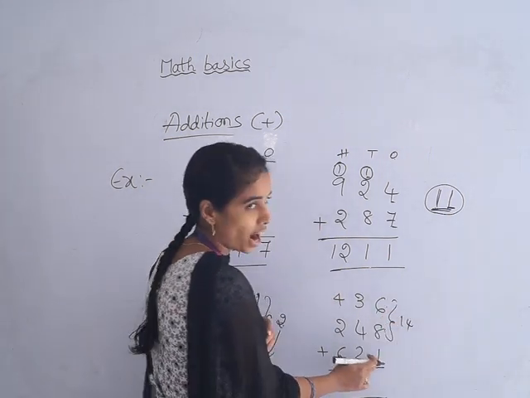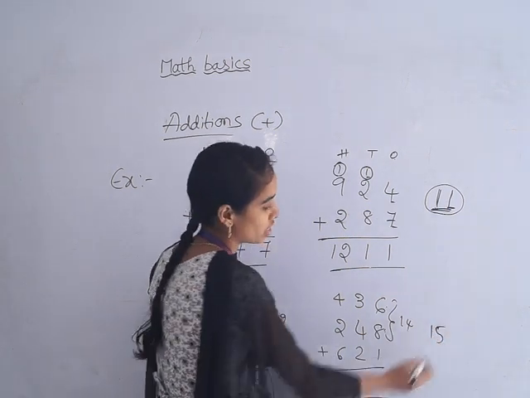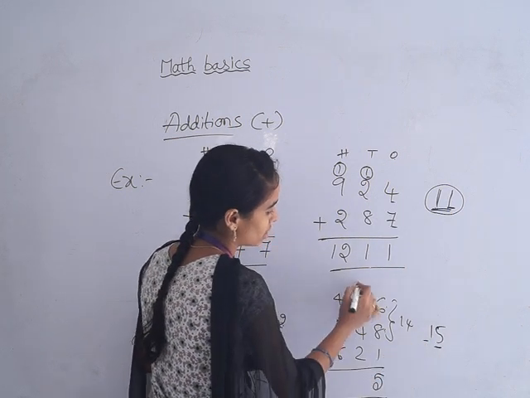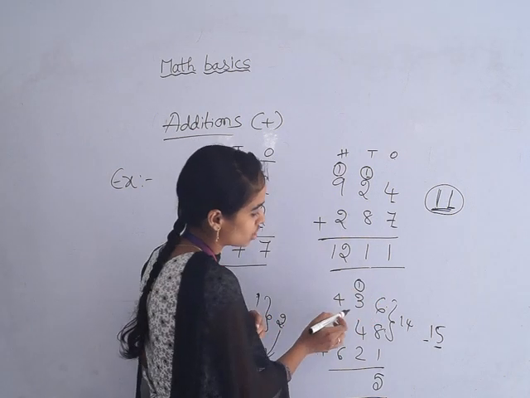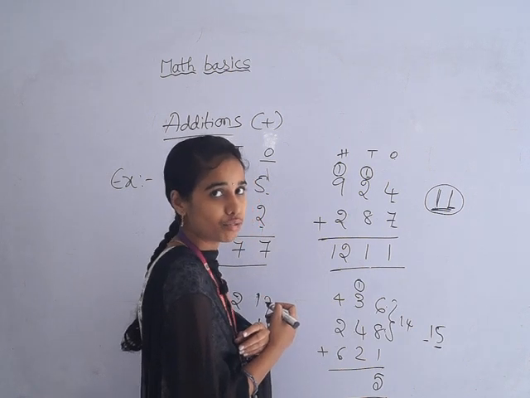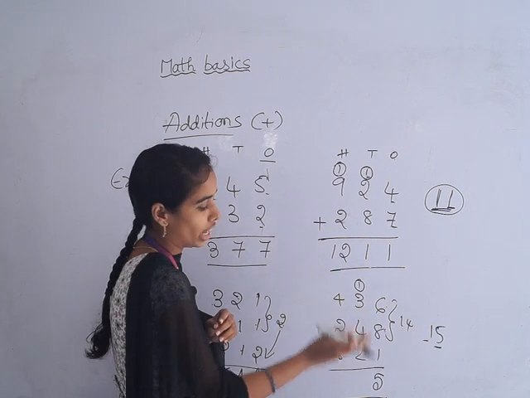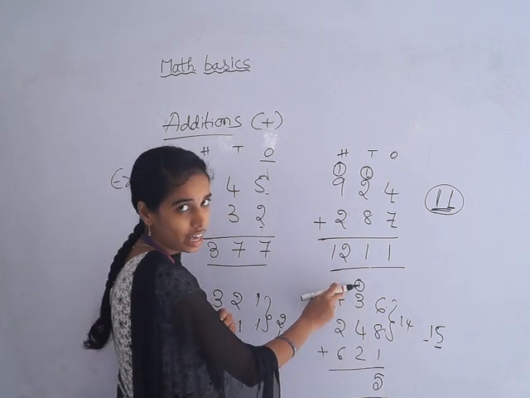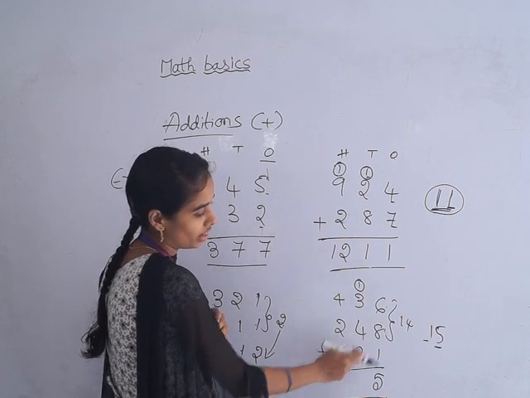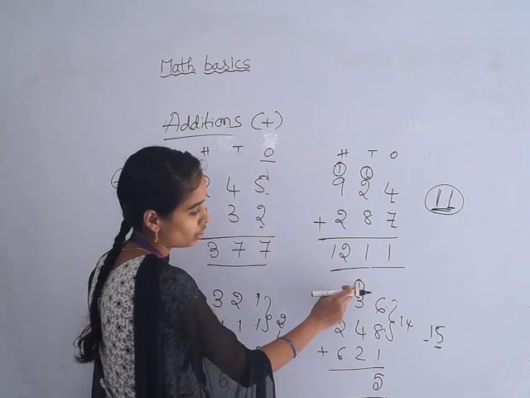This 14 should be added to the last number. 14 plus 1 equals 15. 15 is a 2-digit number, so the ones place number should be in the ones place and the tens place number should be carried in the tens place. So again add these numbers. 3 plus 4 is 7. 7 plus 2 is 8, 9. Plus again a carry is there, that also you have to add to this whole answer only. The addition of these 3 numbers is 9, add that carry to this one.